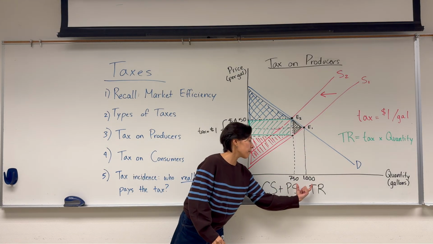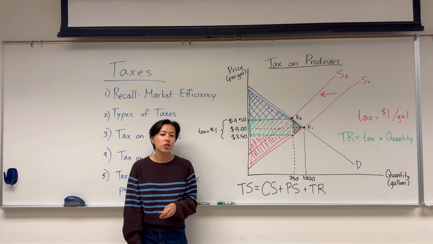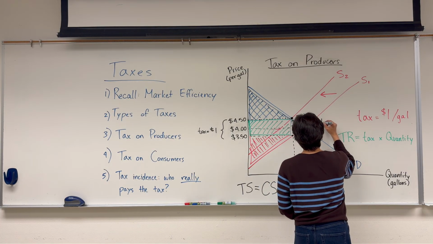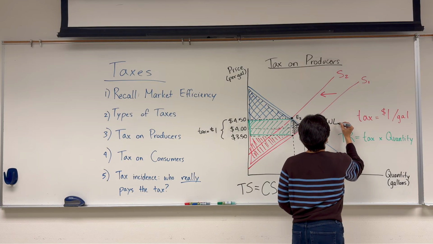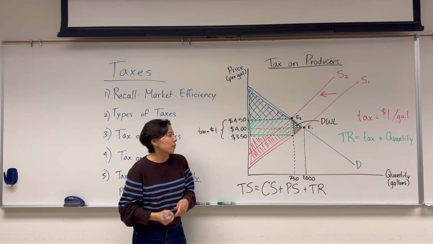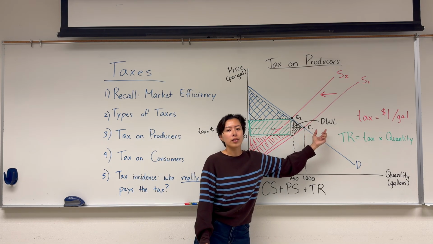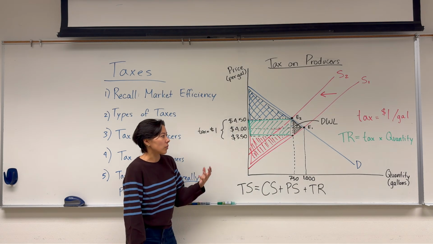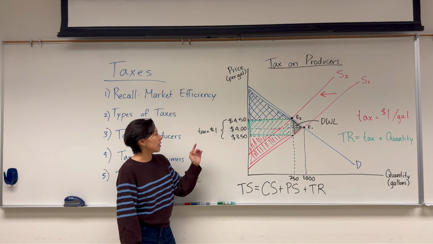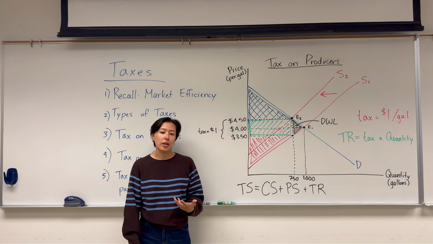So because we have fewer units of gasoline that are being exchanged in the market, our consumers and our producers both lose out on some welfare that isn't being transferred to the government as tax revenue. And we call this our deadweight loss, or DWL. And so this is the loss in efficiency, or the loss in welfare, that is generated by this tax regulation.